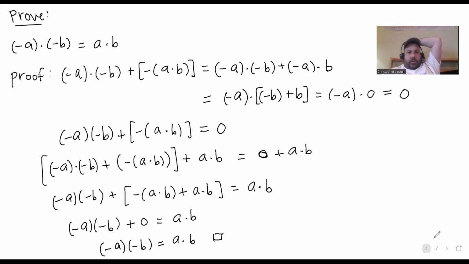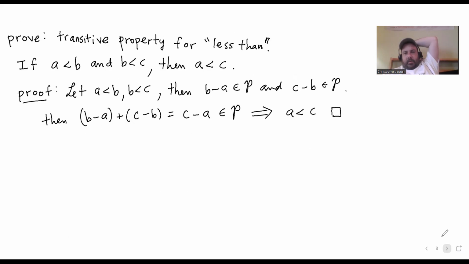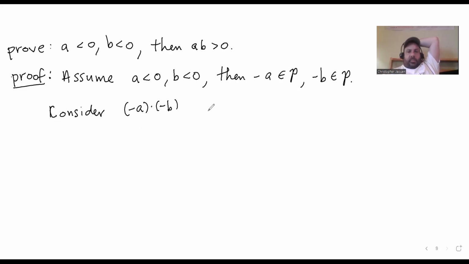From this statement here, negative a times negative b is a times b. And this simplifies. This is greater than 0 because actually, maybe I should write that in terms of the positive numbers. This is in the positive numbers by closure of the set of positive numbers under multiplication.